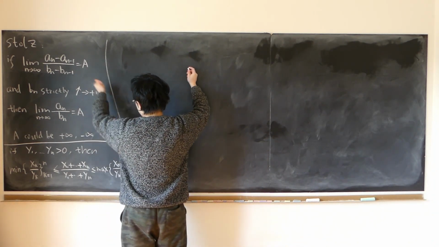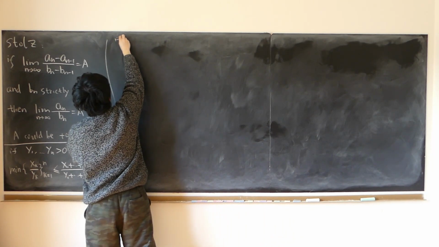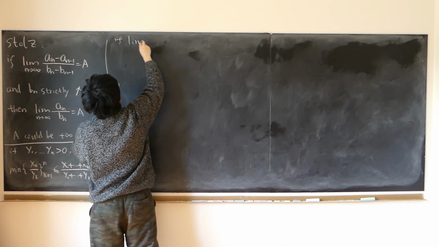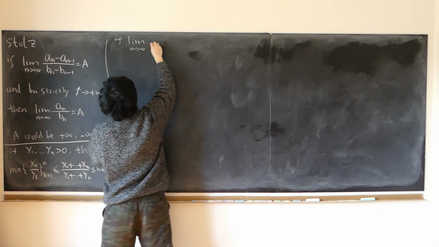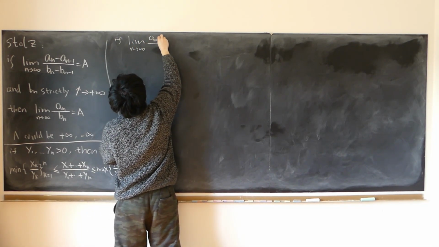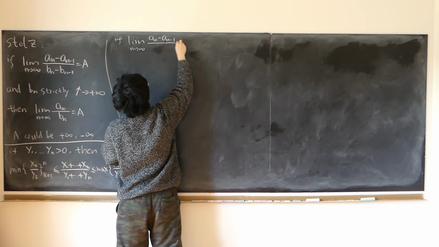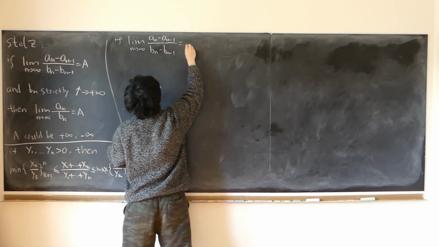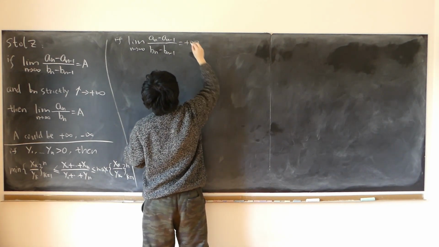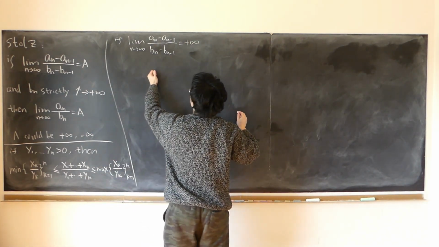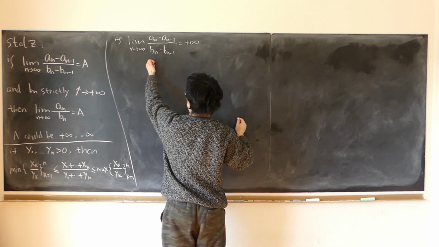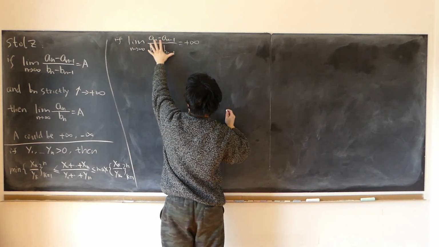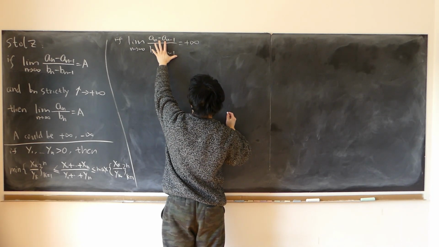Suppose the limit of (an minus an minus 1) over (bn minus bn minus 1) is positive infinity. What will happen? Since it's positive infinity, it means if n is large enough, then this fraction sequence can be large enough.